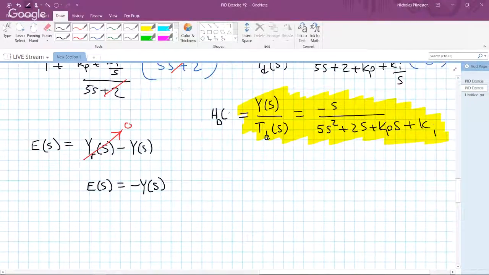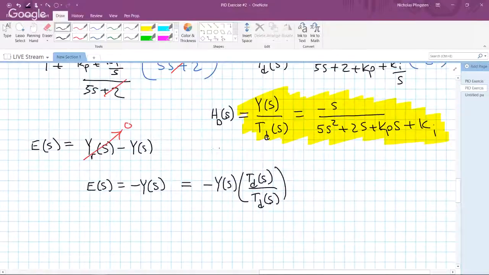So we're going to multiply this by 1, but that 1 will be Td of s all over Td of s, which will then yield negative Hd of s.